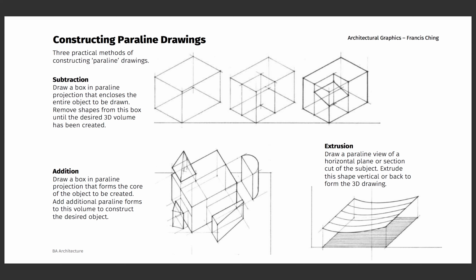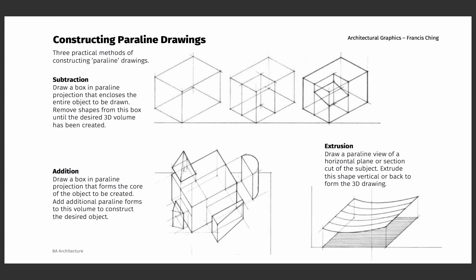But either way you can create an overall outline shape, a box if you like, that contains your building in space and defines perhaps its furthest extremities, and then you can begin to subtract elements from that, sculpting away to produce a more accurate representation of your design. And that's a good way of thinking about some designs. Might be easier to construct in drawn terms in this way. And then you could use addition.